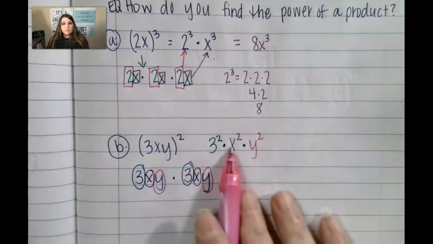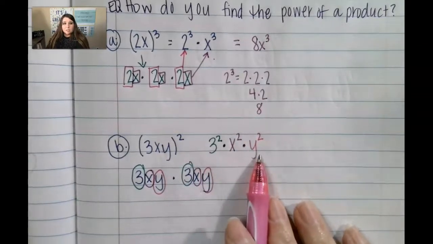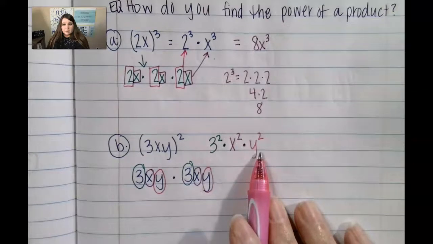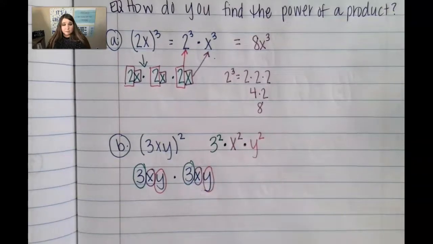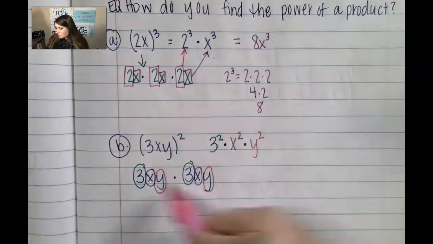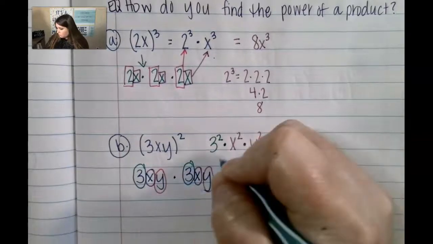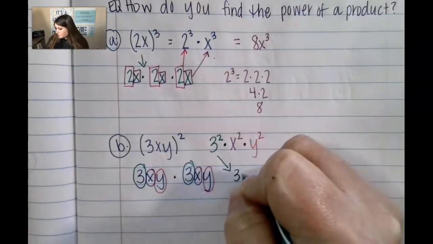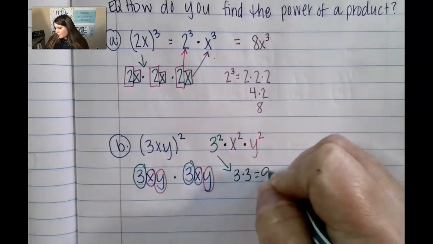So everything here is being multiplied. What we're going to do is simplify the things that we can simplify and then combine everything back together. So we're trying to get rid of as many exponents as we possibly can in order to simplify the expression. When I multiply these two 3's, 3 times 3, I get 9.